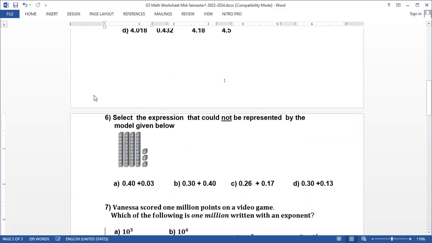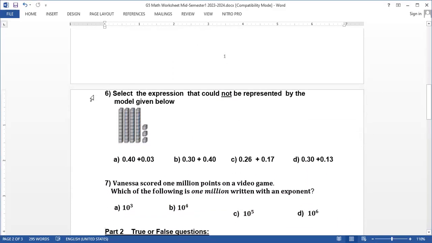Next question, question number 7. Benicia scored 1 million points on a video game. Which of the following is 1 million written with an exponent? Guys, the exponent 10 power 3 means 1000. The number of zeros equals the power.